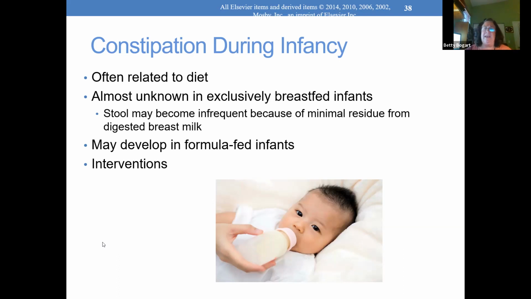Yes, they don't tolerate it, but it comes through their system and that clears up the constipation. They don't like to give enemas. They don't like to do suppositories. They like to do it as naturally as possible. And sometimes it's an allergic reaction to the formula they're getting, so they might change formula.